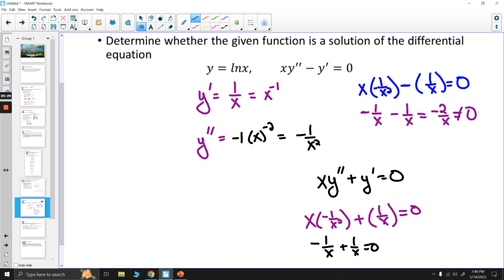As far as finding exact solutions, there is no one way to solve everything, or at least not a great way. So we learn a bunch of methods for families of solutions, where we go, okay, this is this particular type of differential equation, and we're going to use this method to solve it, much like integration, where we go, this is a u-sub, this is integration by parts, this is an inverse trig substitution, etc.